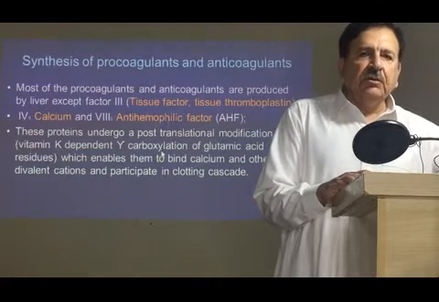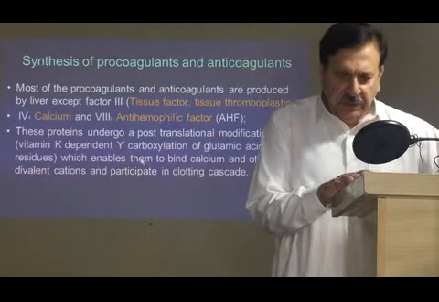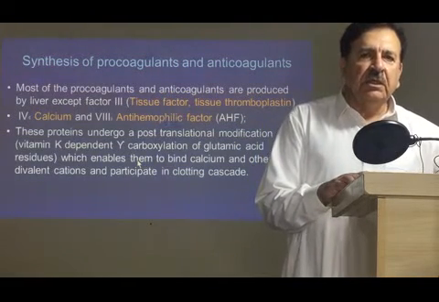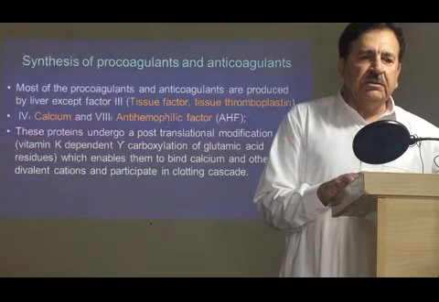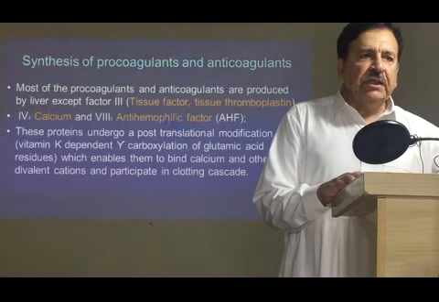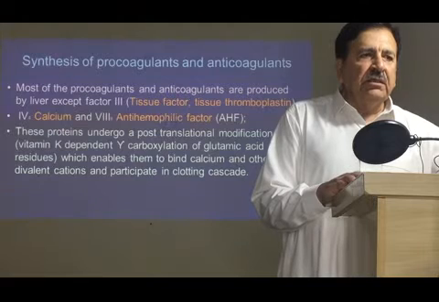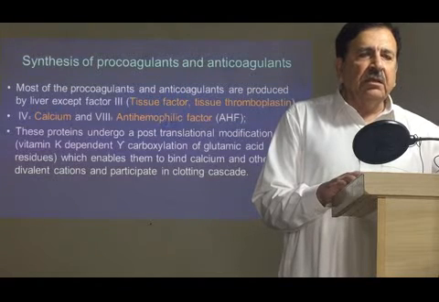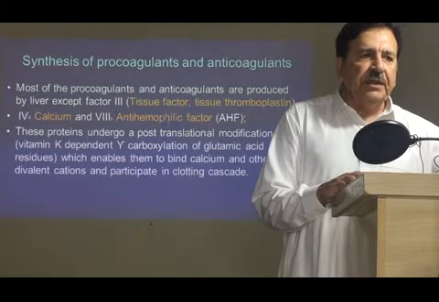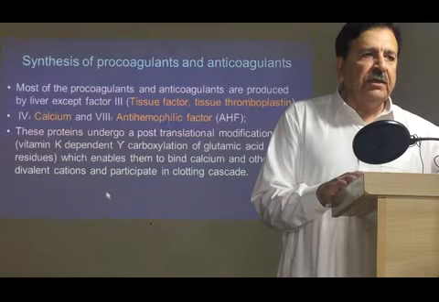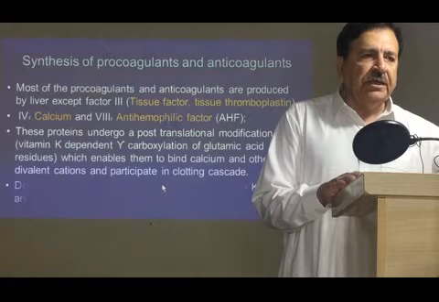When a carboxyl group is attached to these proteins, they are activated. They produce a site on their surface to which calcium is attached, and then they participate in the clotting cascade.